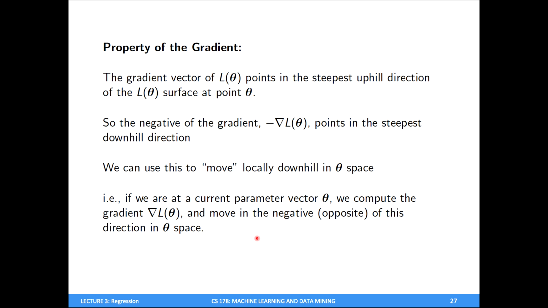The idea of gradient descent, then, is we can find this direction of steepest descent and take a step in that direction, and use that to update our parameter vector over time in order to move towards a minimizer of our loss function. And at a local minimum of our loss function, the gradient is going to be 0. Then we won't be making any more updates because there's nowhere we can move that's going to decrease our function anymore.